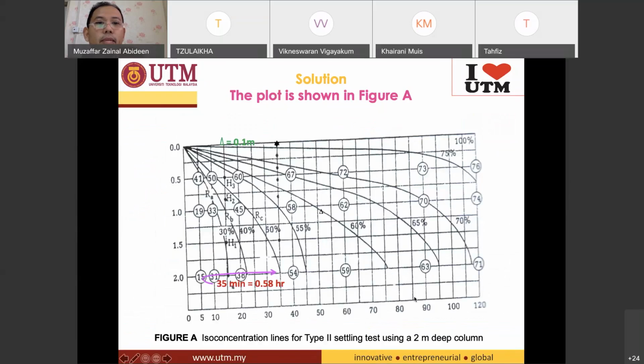We have to do the same thing again: find that delta H and another delta H and another delta H, measure all of that and do the same thing.